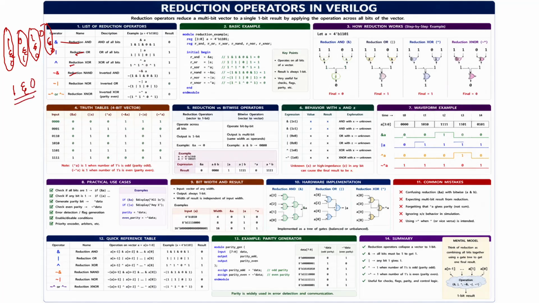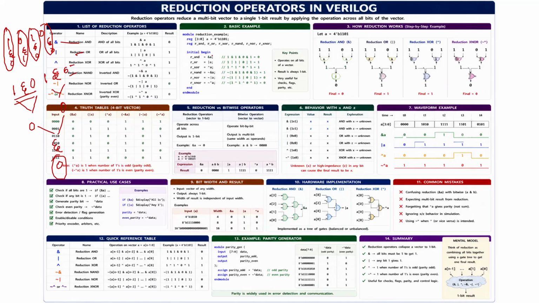Okay, so 0 and 1, you are doing the operation like 0. And after that, 1 and 0, you are doing the AND operation like 0. After that, you do the AND operation and you will get a single bit. Okay, so it is not like bitwise operation. In bitwise operation, however many bits you consider, that many bits you get at the output. But the reduction operator is not like that.